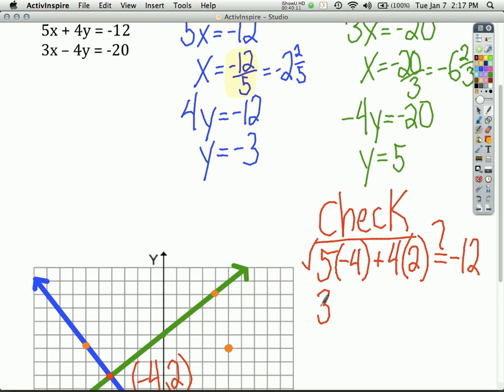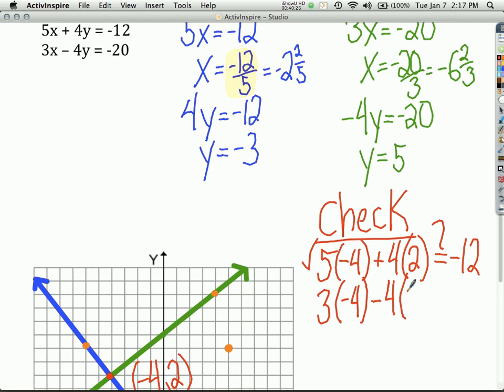So 3 times negative 4 minus 4 times 2, does that equal negative 20? Matthew, you already figured it out?